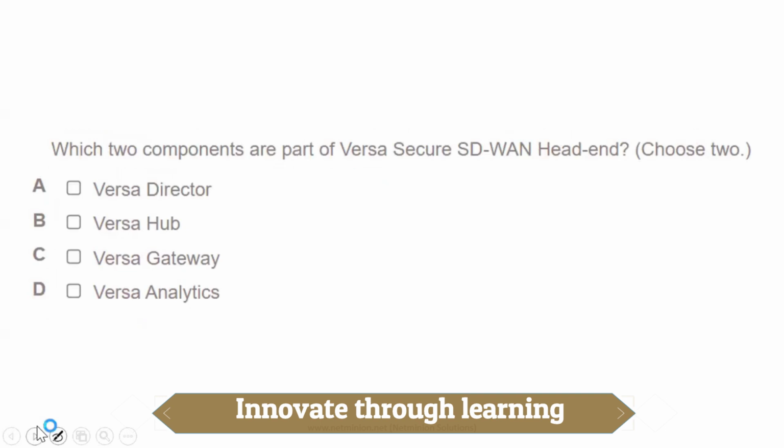Now, which two components are part of the Versa Secure head end? It is very easy. For sure, we don't have anything like hub or gateway. Versa gateway is coming twice or thrice in here, right?